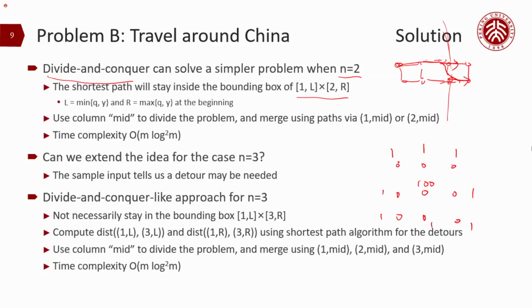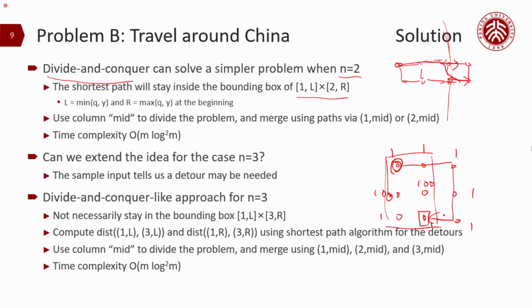So that means if we go from this node to this node, the path may not lie within this bounding box. So let's assume this is also 100. So we may need to do a detour for the shortest path.